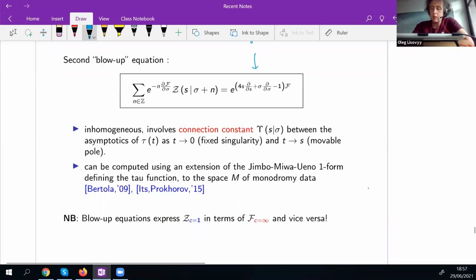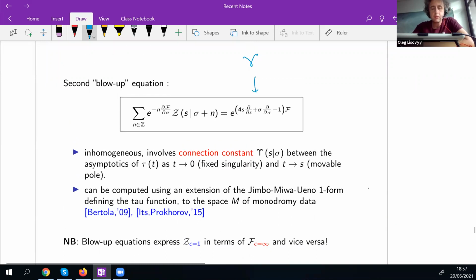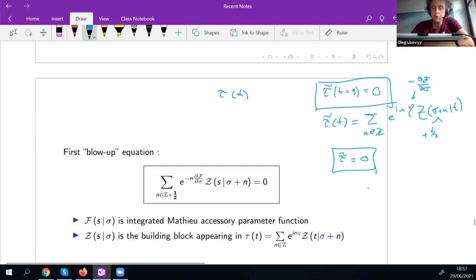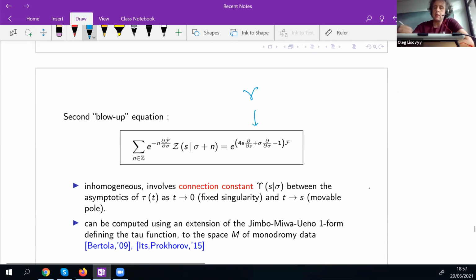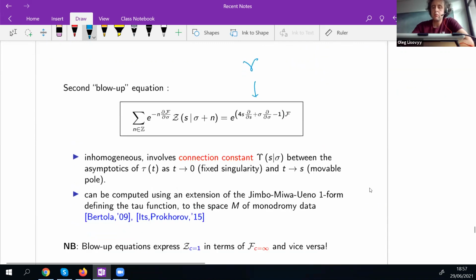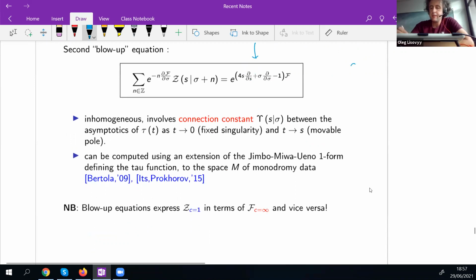And a remarkable thing is that the two equations that I have shown you, this one and this one, actually determine Z in terms of F and vice versa.